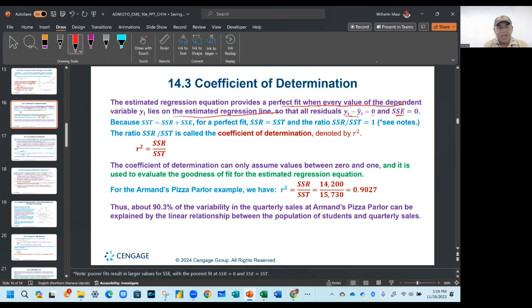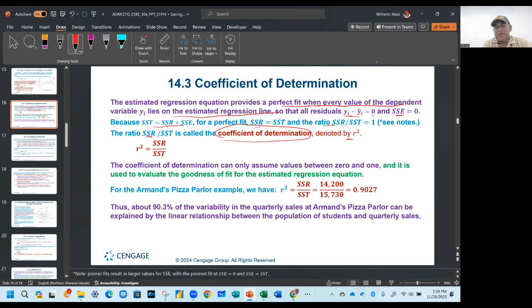And because your SST is split into SSR and SSE, for a perfect fit the SSR equals SST, and the ratio must equal 1, no? So the ratio of the sum of squares due to regression to the total sum of squares is what we refer to as the coefficient of determination, denoted by R square. It's a measure of fit, how well the line fits the observed values of y, no?